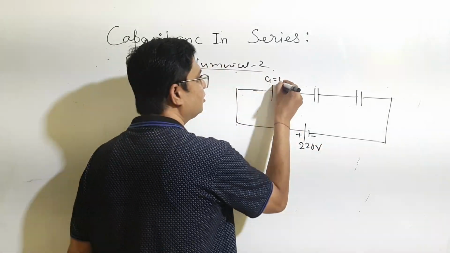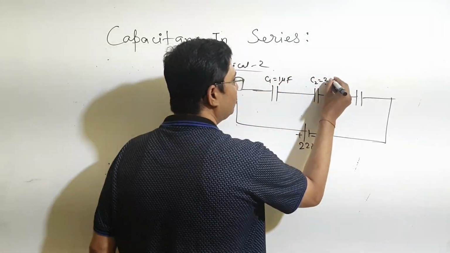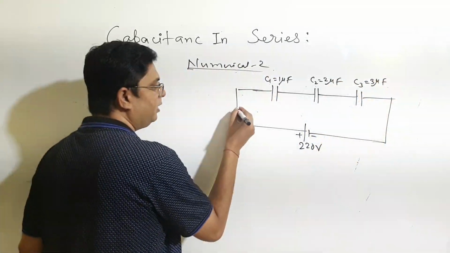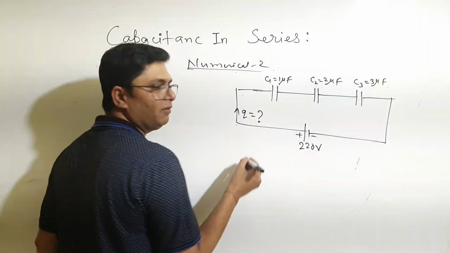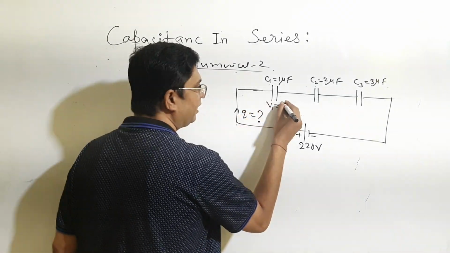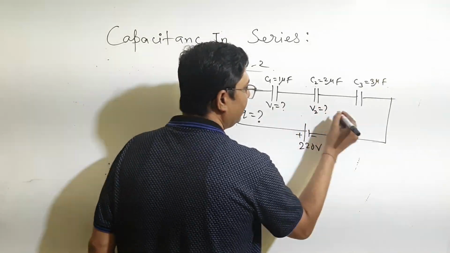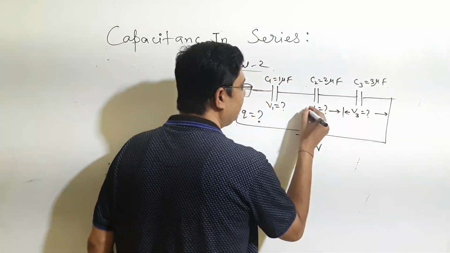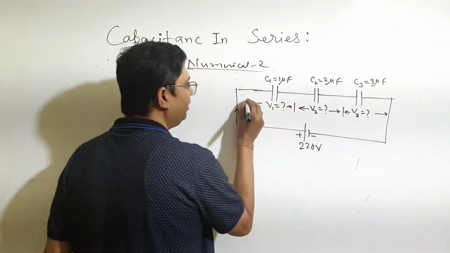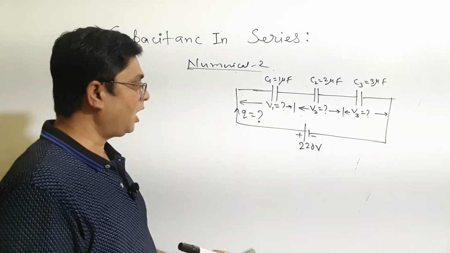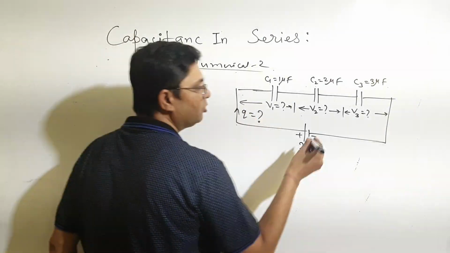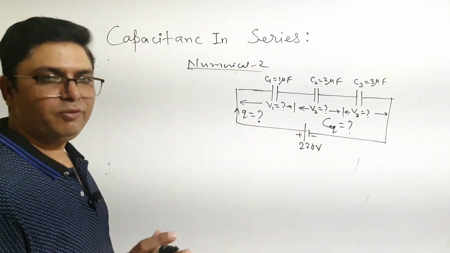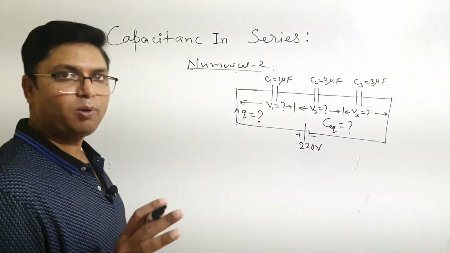This is C1 equals 1 microfarad, C2 equals 2 microfarad, C3 equals 3 microfarad. Here you don't know the value of charge Q, and you also don't know V1, V2 and V3. You have to determine V1, V2 and V3 in the circuit, and you have to find Q. You also have to find C equivalent in this circuit.